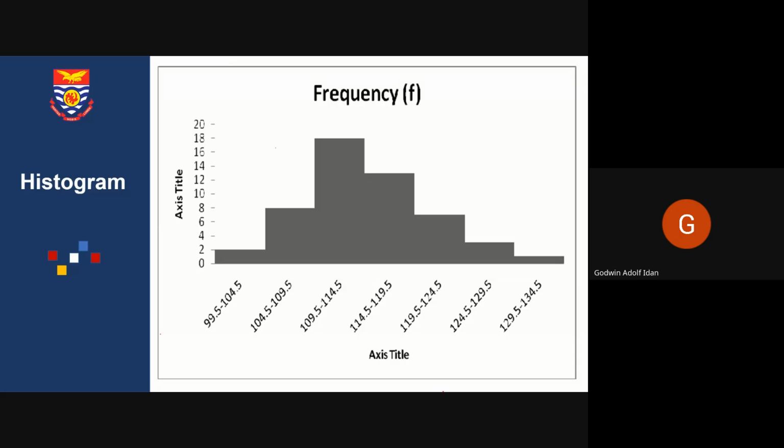We moved on to ordinal, and we mentioned that ordinal data are also qualitative and put into categories. However, we can see some natural order in the various categories that we are able to put the data into. And so ordinal data moves a step ahead of the nominal, where we can now have a natural order within the various categories of data that we have.